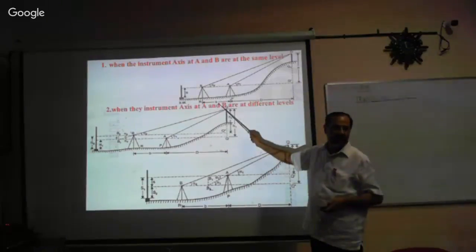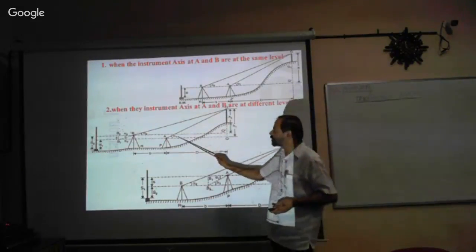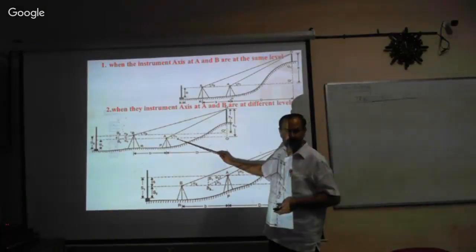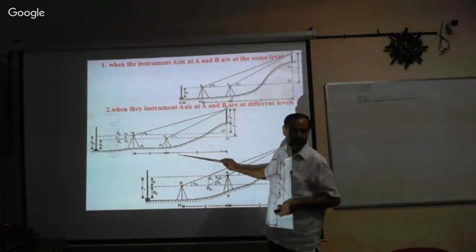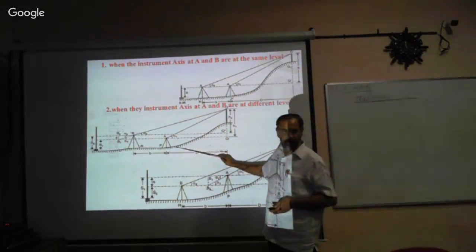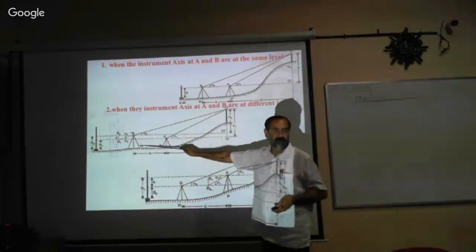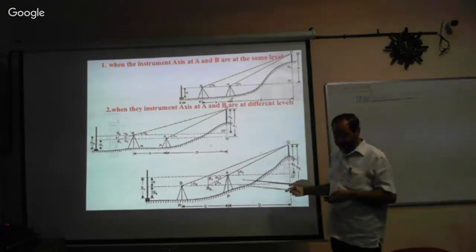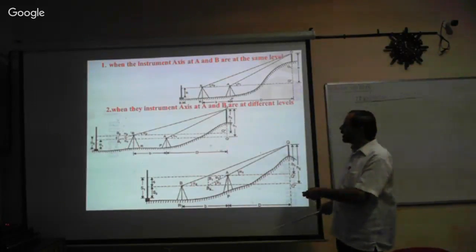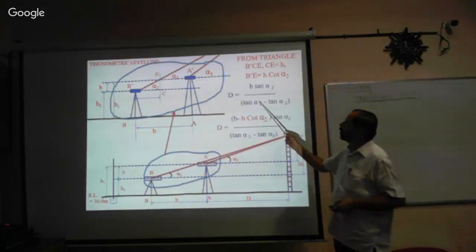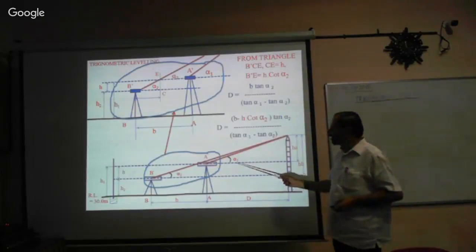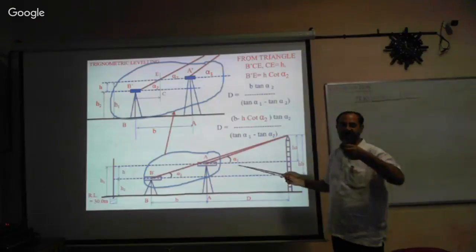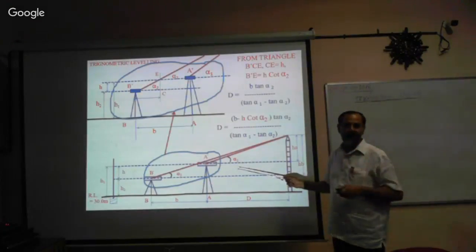Here, case 2, the nearest instrument station is lower when compared to the farthest instrument axis. Now if you come to case 3, what is happening here? In case 3, the nearest instrument station axis is higher.